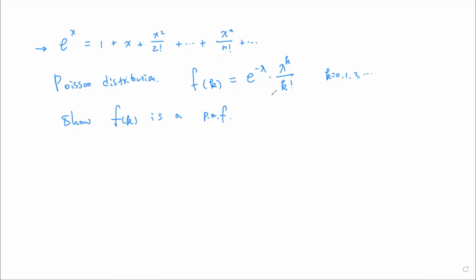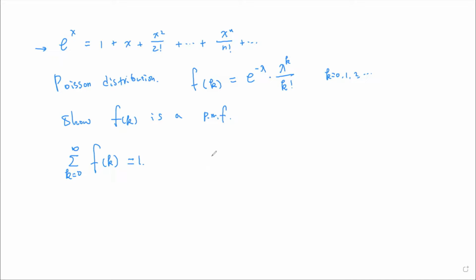First of all, it's non-negative. That's no problem. An important part that you need to prove that it is a PMF is you need to show that the summation of f of k, k from 0 to infinity, should be 1. That's what we want to prove.